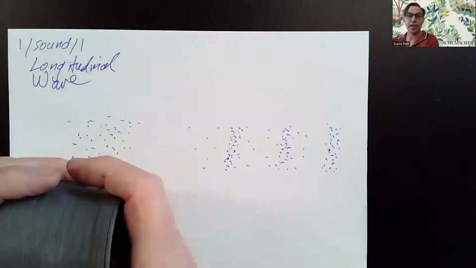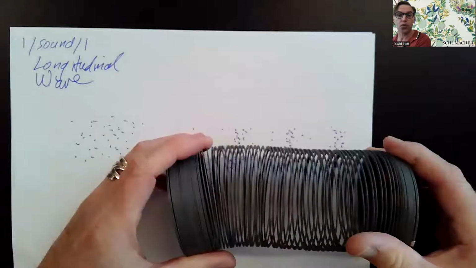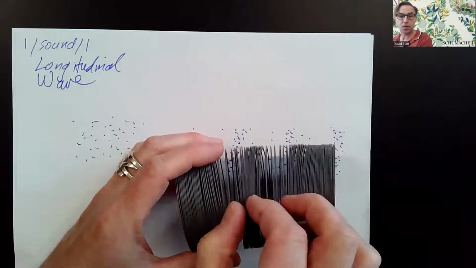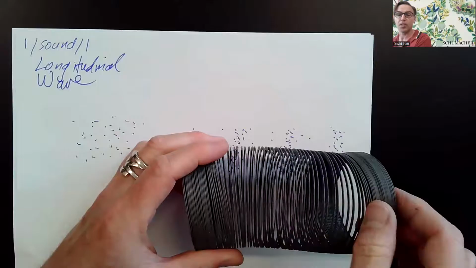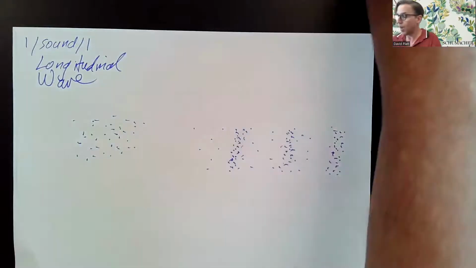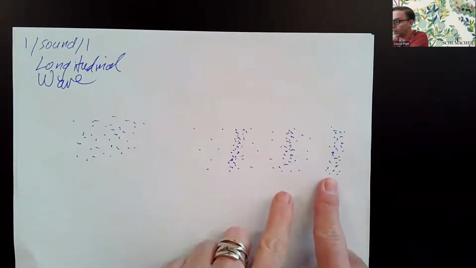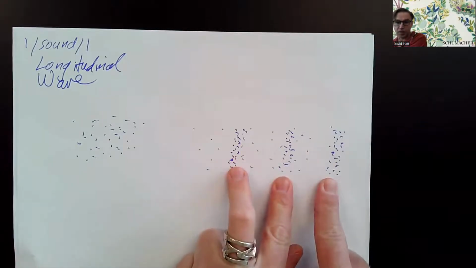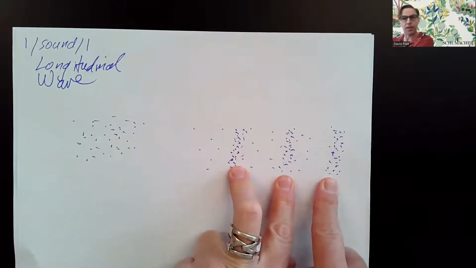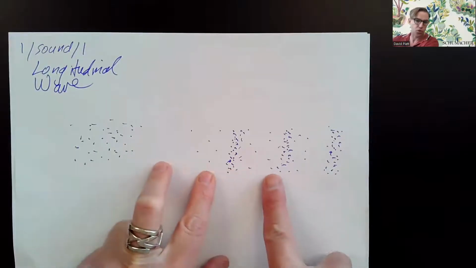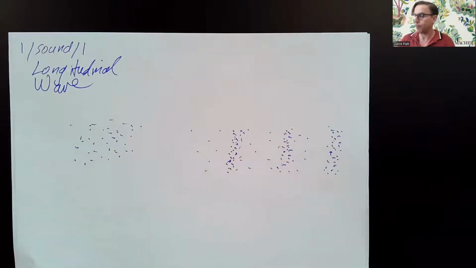So if I were to send one little pulse through here, they'd be smushed together, then smushed together again. As a pulse goes, this would be the first pulse going through. This would be the second pulse following it. This would be the third. And let's have them go to the other direction. They would just travel along like that.